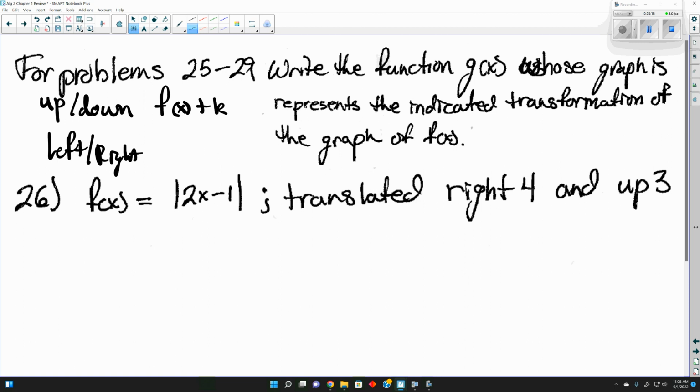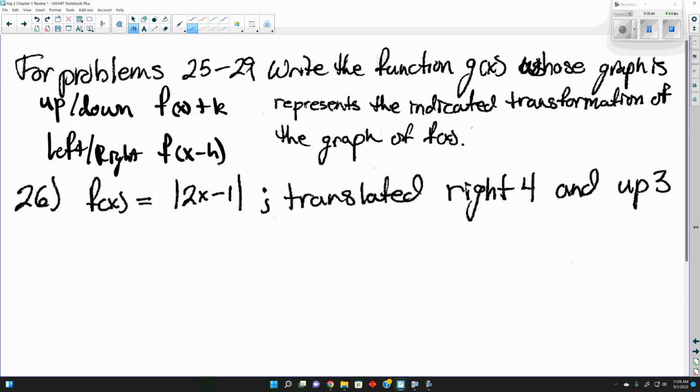Our left and right is our f of x minus h. I decided not to include vertical stretch or shrink, horizontally or vertically, or reflections. So the only ones that it's going to ask you to do is to move it up or down, left or right. There are some that ask you to move it up and down or left and right. There's a few that just ask you to do it in one direction, not two.